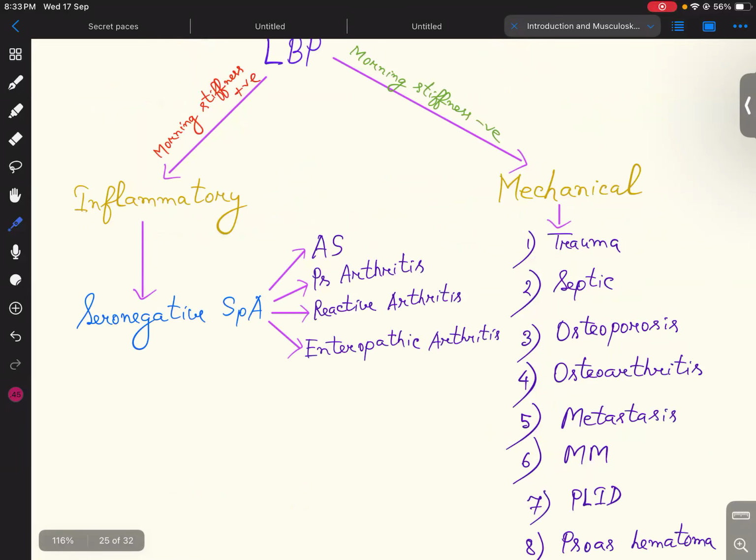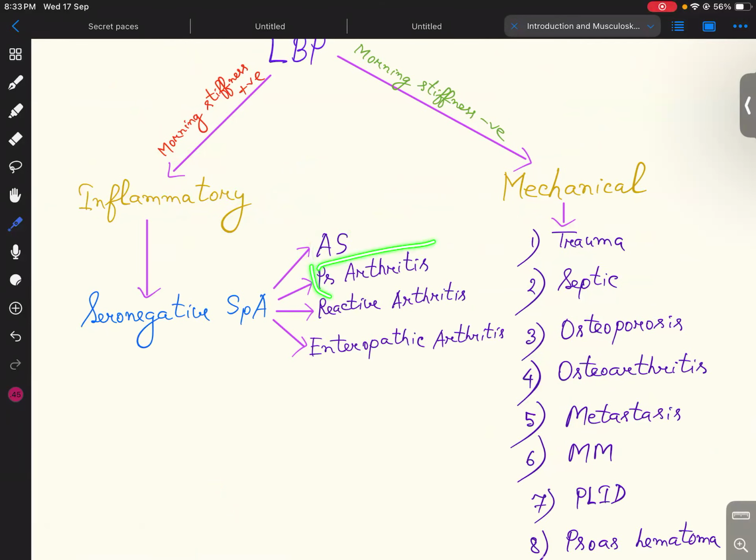So for ankylosing spondylitis, first discuss the inflammatory low back pain. For ankylosing spondylitis, actually there is no screening question. For psoriatic arthritis, you have to ask, is there any skin rash? For reactive arthritis, you have to ask, is there any pain while urinating?